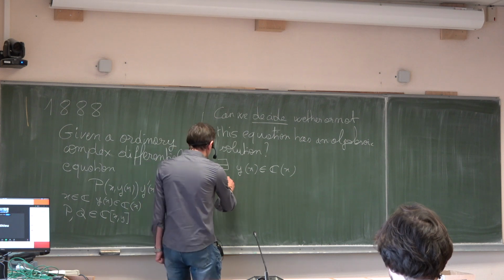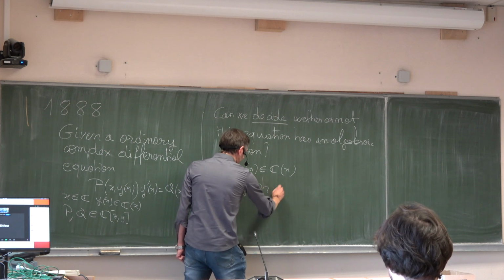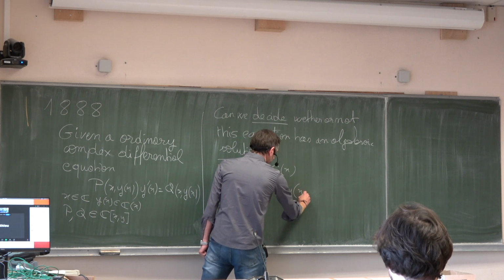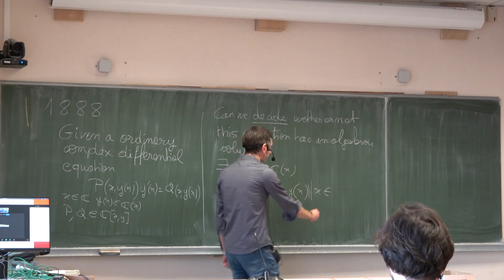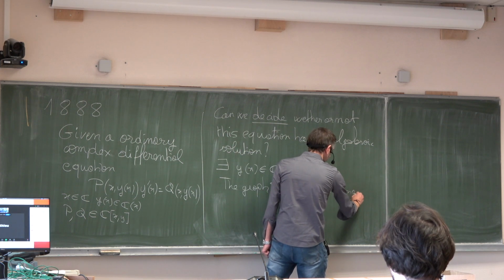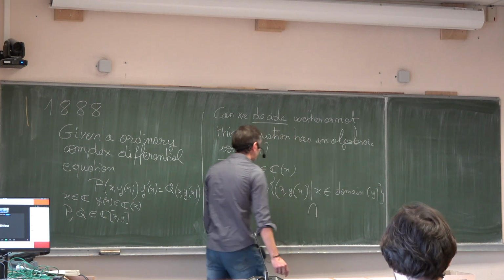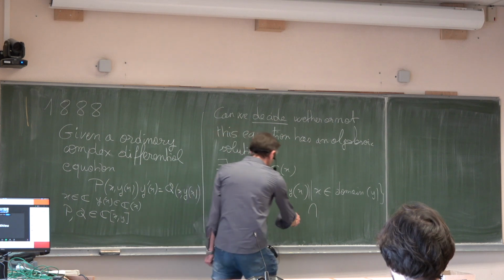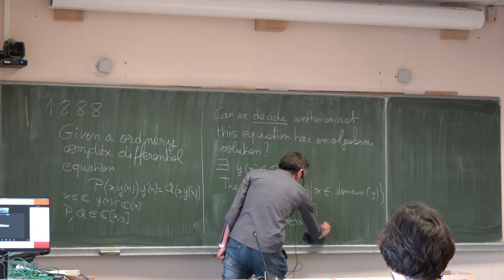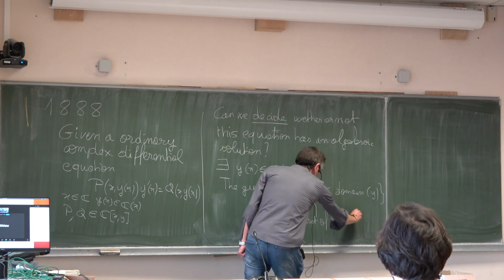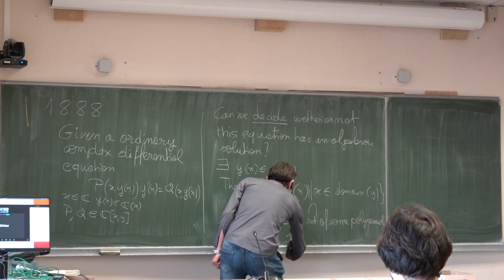And also, if you look at the graph, x, y of x, the graph of this function, where x belongs to the domain of definition of y, this has to be included in the zero set of some polynomial function.